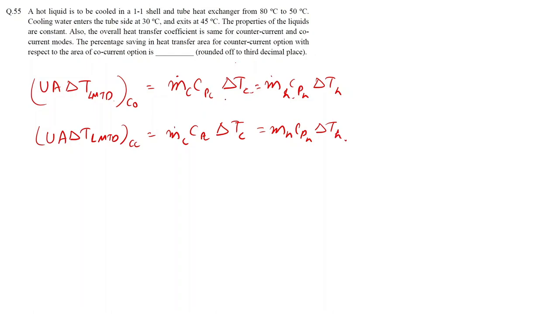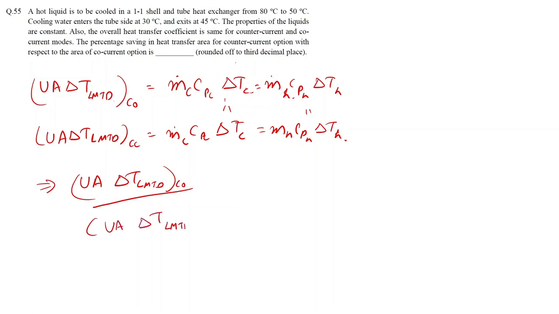So ultimately this term is equal to this term and this hot term will be equal to this term, and we can take the ratio of these equations and write it as UA delta T LMTD co-current flow upon UA delta T LMTD counter current flow. So ultimately these two terms will be the same, so this will become 1. And from the question we have been given that the overall heat transfer coefficient is the same for counter current and co-current mode. So this U will also get cancelled.